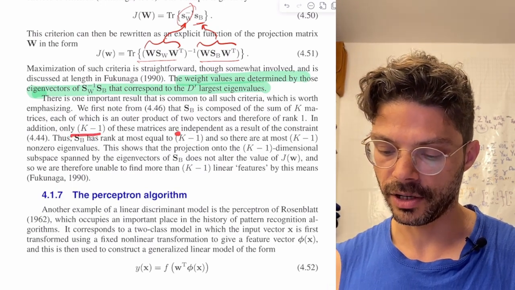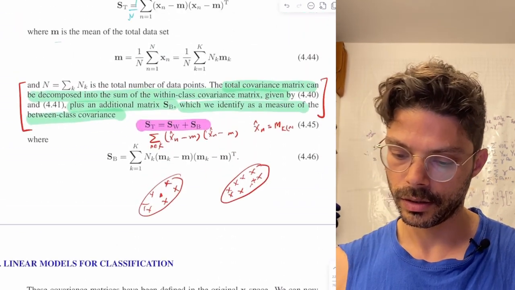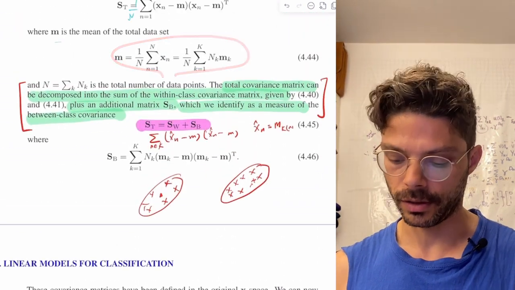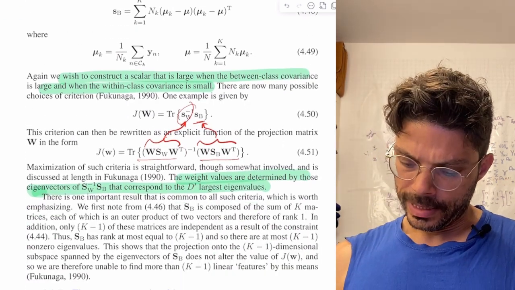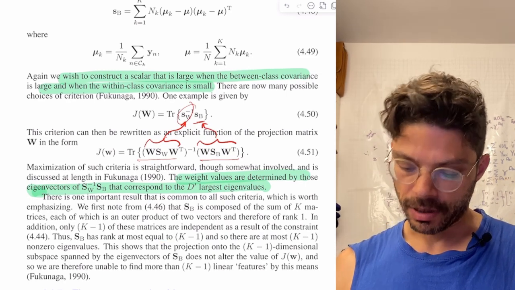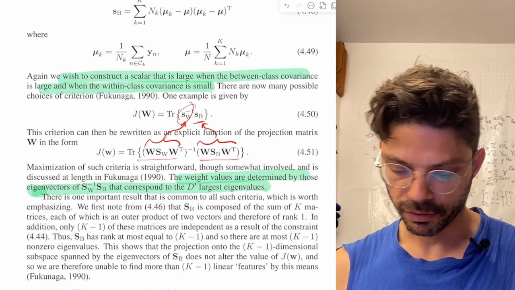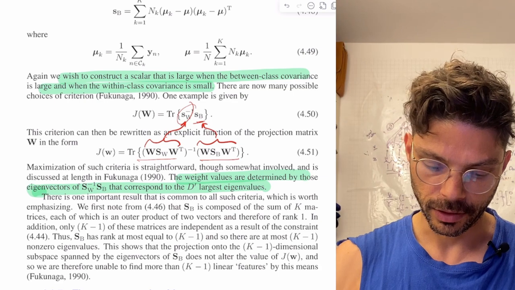Only k minus 1 of these are independent as a result of the constraint 4.44. That constraint was this one, right? So that's just what I just said. Thus, SB has rank at most k minus 1, and there are at most k minus 1 non-zero eigenvalues. So far, so good. Nothing wrong with that.